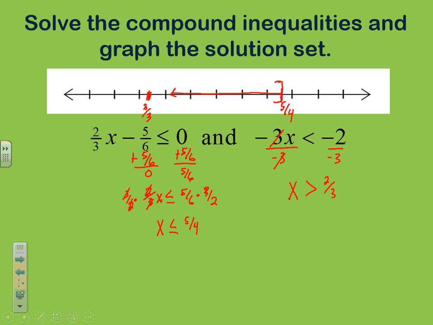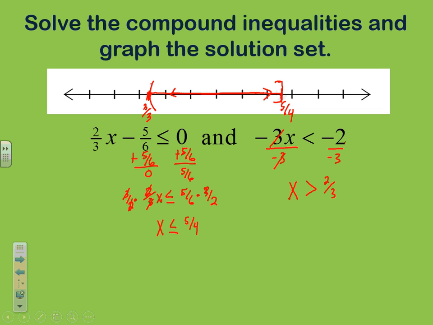So looking at the inequality on the right, where it says x is greater than 2/3, since x is greater than 2/3, we use the curved bracket, and we open it in the direction that x has to go. Since x has to be greater than 2/3, it's going to go that way. And you can see clearly how they overlap.